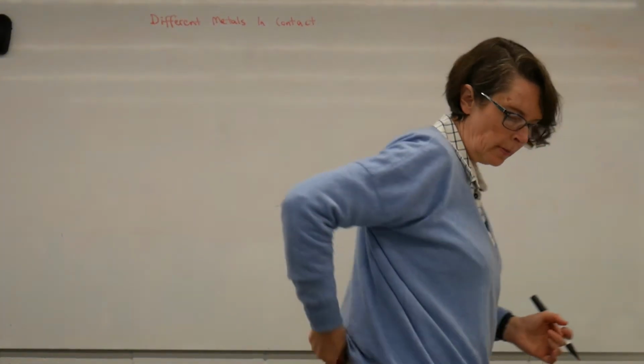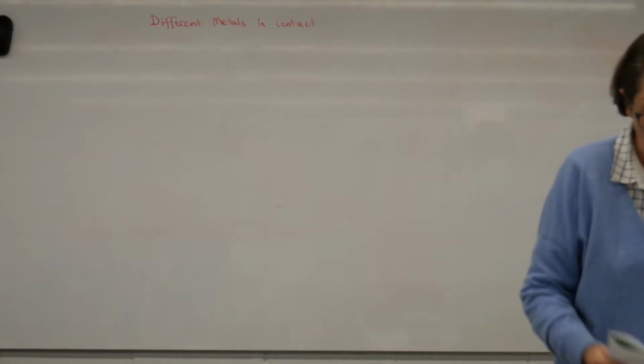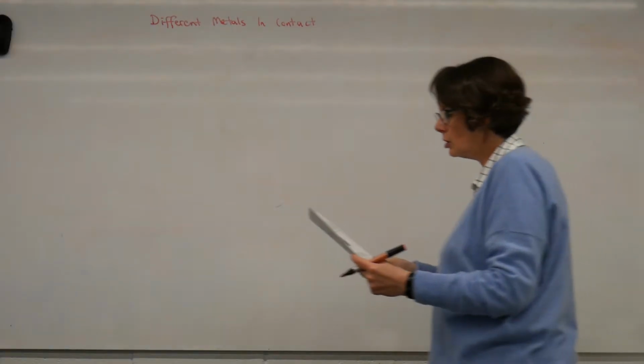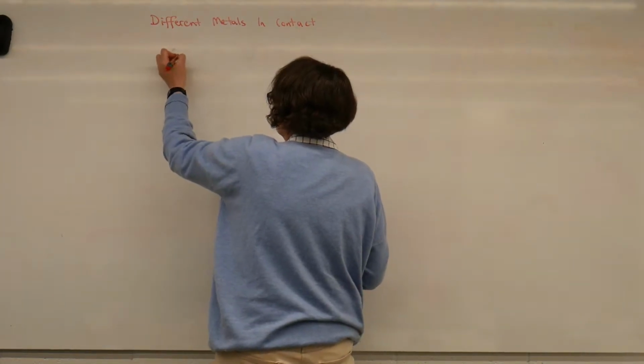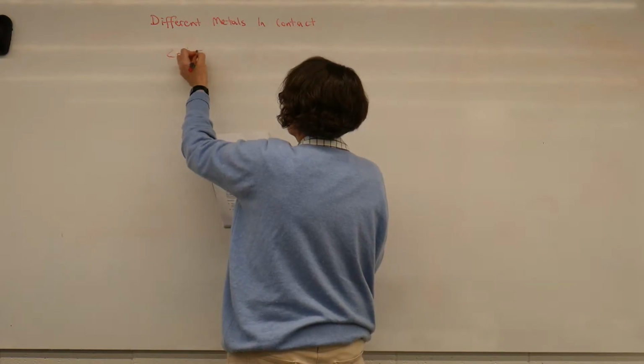Now, if you look at the diagram, and I'll give you a better diagram in a moment in the books, you can see that what we have here are two metals in contact. For our first example, it's zinc and iron.